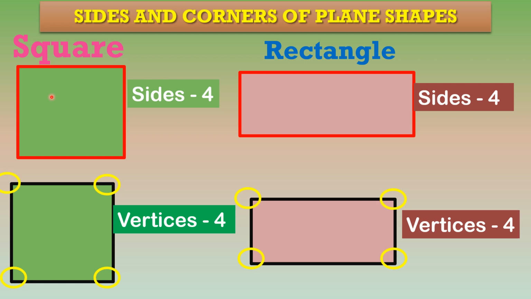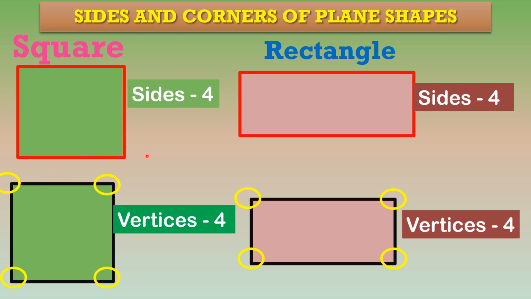Now let us find out sides and corners of this plane figure. So let us count the sides of a square. 1, 2, 3, 4. Now let us count corners of a square. 1, 2, 3, 4. Hence, square has four sides and four corners.